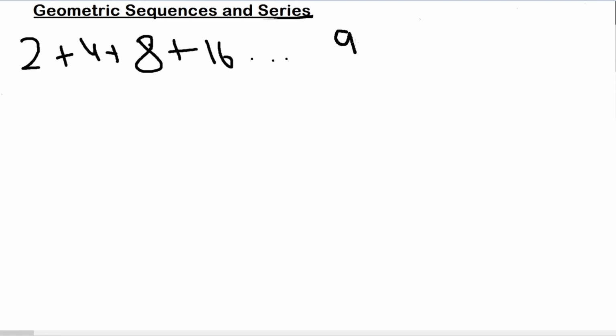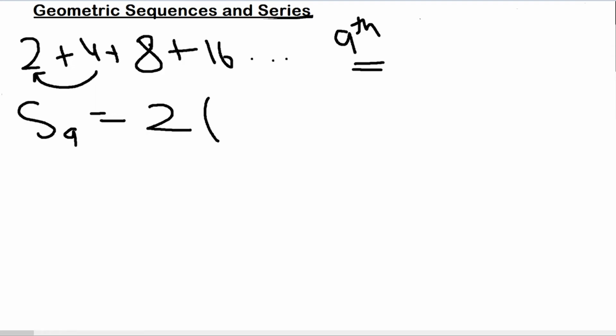Let's do a couple of questions. Find the sum of the following series: 2 plus 4 plus 8 plus 16 and so on till the 9th term. We can use the formula: S9 is equal to 2, which is the first term, and the common ratio is 4 divided by 2, which is 2.